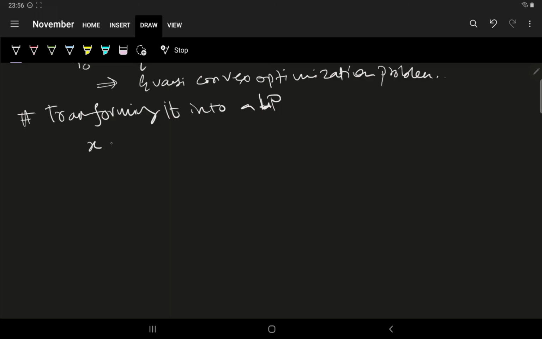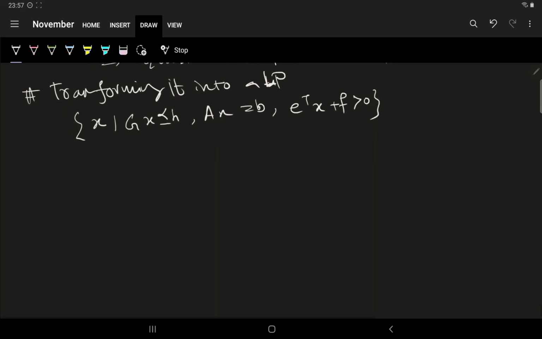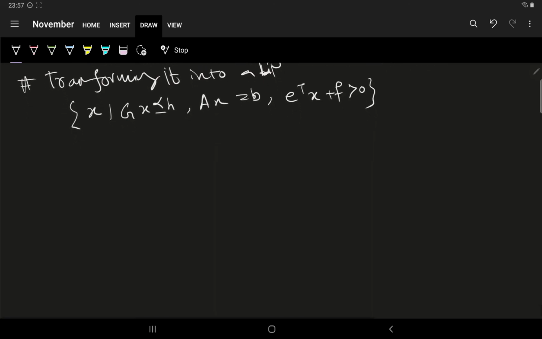We see that the feasible set is... so our objective is to transform this into a linear program as follows.